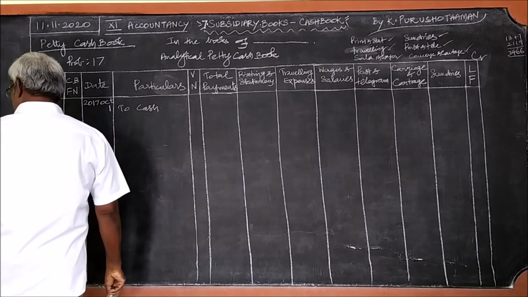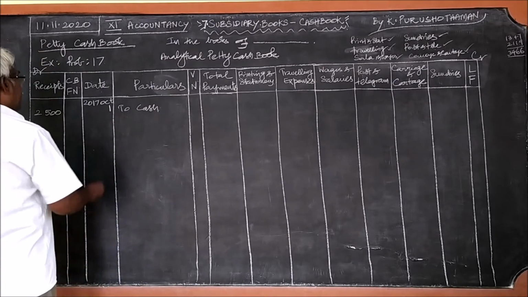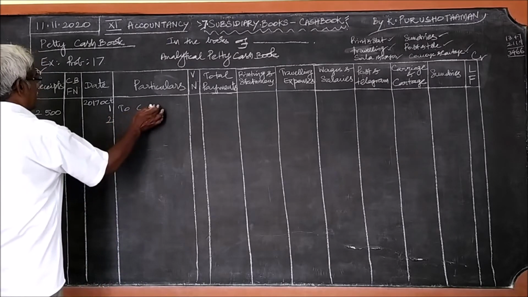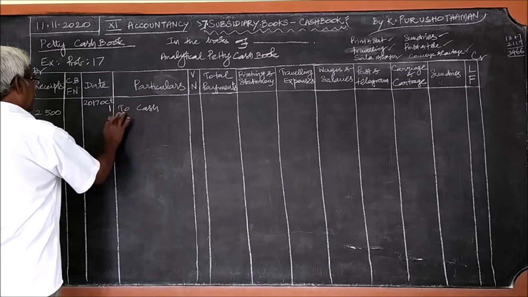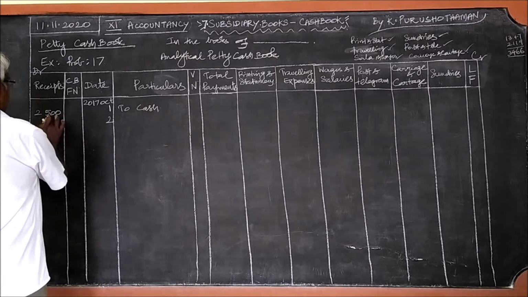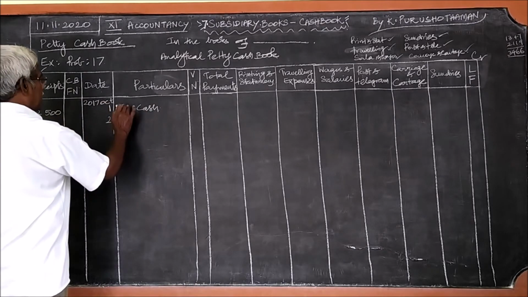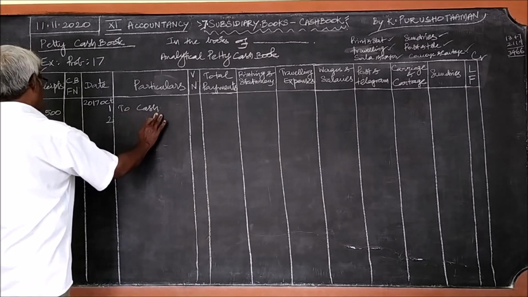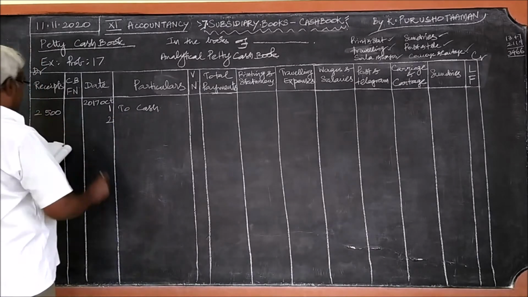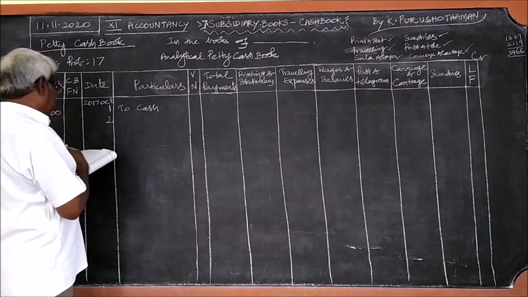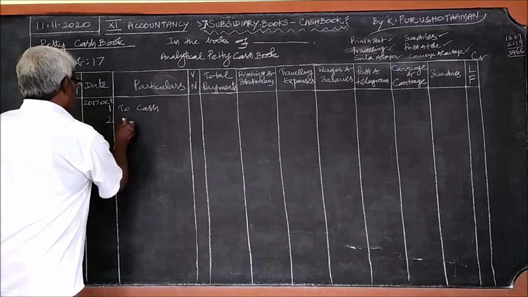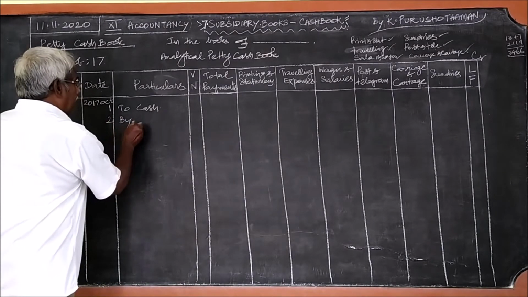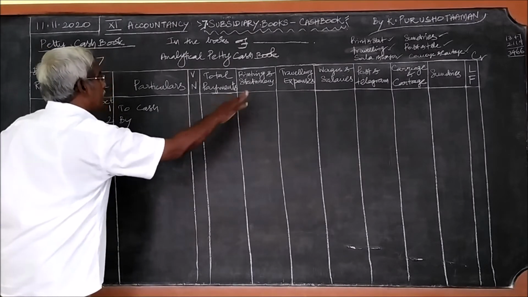Right. Then on second, paid for wages. This is the only receipt we have written to, and we have written the amount here. The other items are payment. Therefore, we should use by, and we should write the amount there on the payment side.